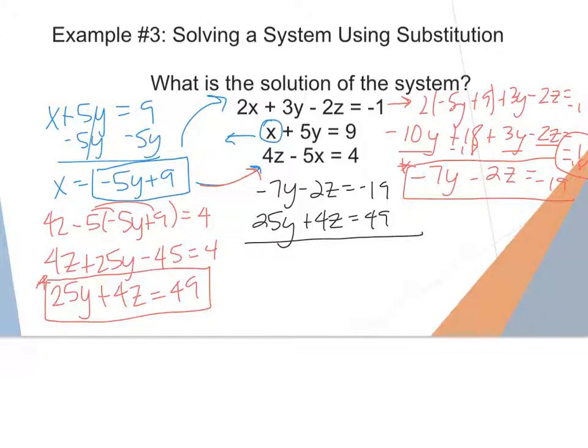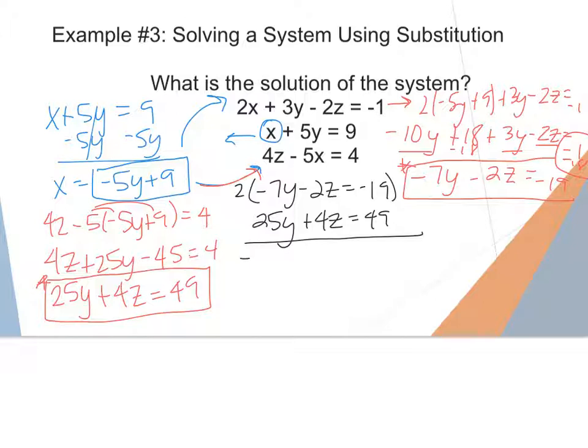Okay, so we have to choose at this point to eliminate a variable. I see that the z's are easier to eliminate because I'll notice that my least common multiple is 4. So I have a positive 4 on the bottom, so I'm going to multiply the top by 2 so that I have a negative 4 on top. So let's rewrite.